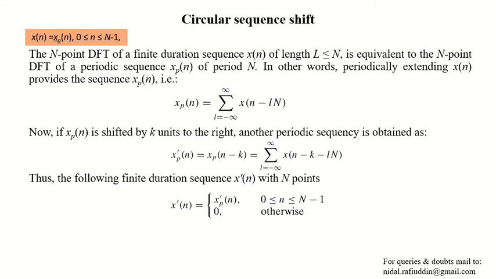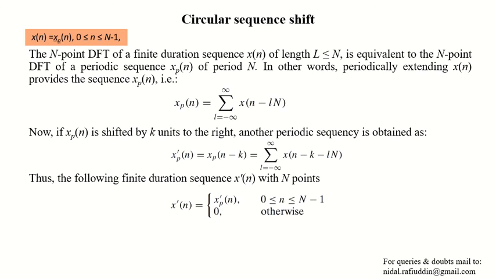So we define another sequence which is not of infinite duration; in fact, it is the part of the xp'(n) cycle. So x'(n) can be defined from xp'(n). You don't have to worry about things like here. This will be clear in the upcoming question, where we are going to represent each of these things graphically, and thus it will make things clearer.